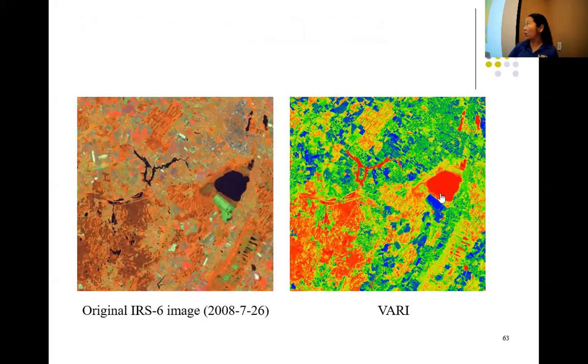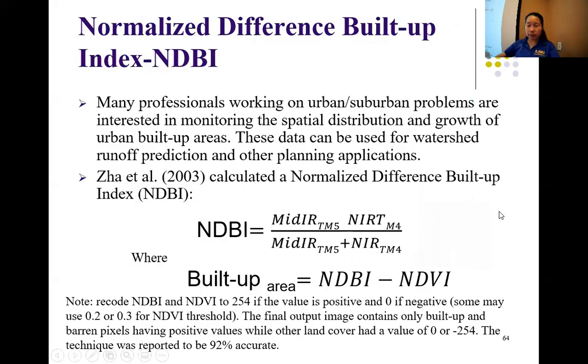In this chart, water uses this red color and vegetation uses this blue color. Okay. So the next one here is the Normalized Difference Built-up Index, NDBI. We have talked about several indices to calculate vegetation index and also water index or moisture index.